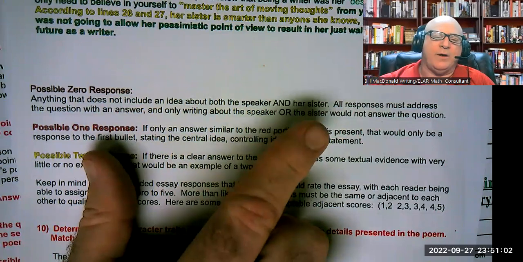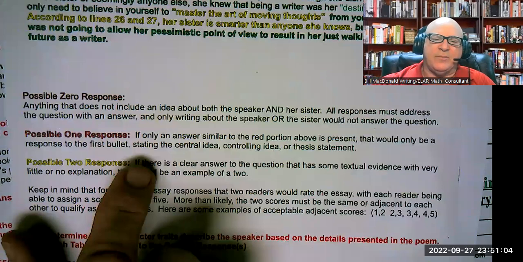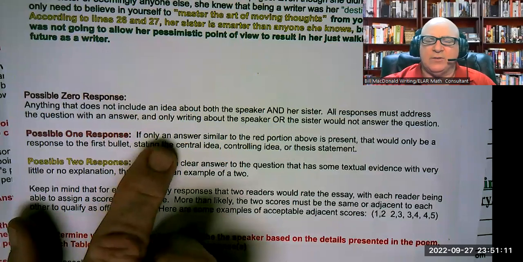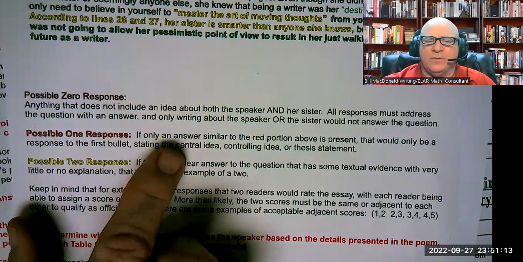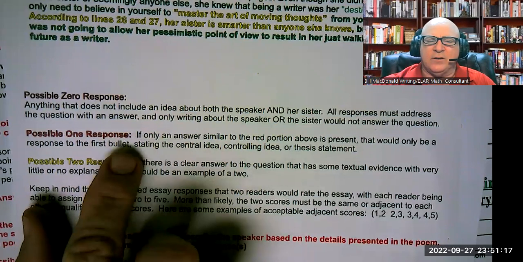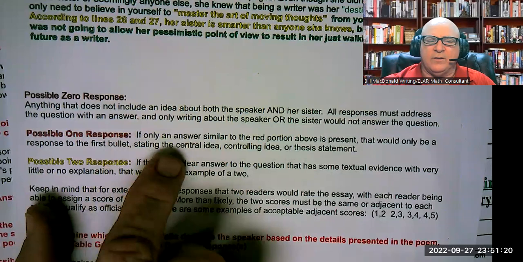What could get us a 1? If only an answer similar to the red portion is present, the thesis, the central idea, controlling idea, that would be a response to the first bullet, stating the central idea, controlling idea, or the thesis.